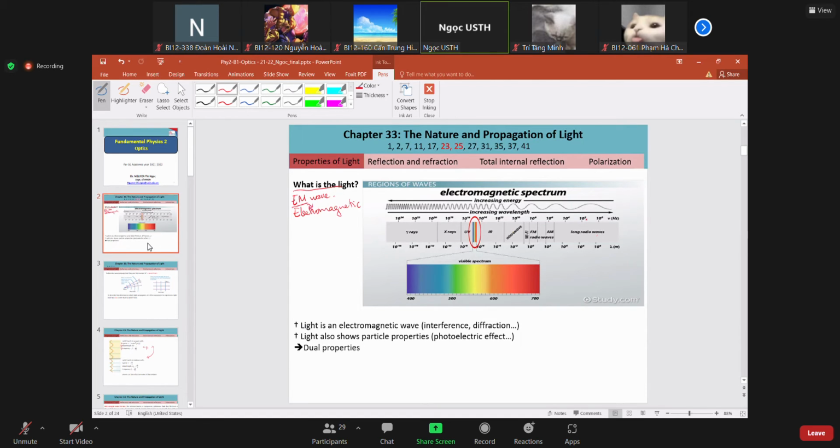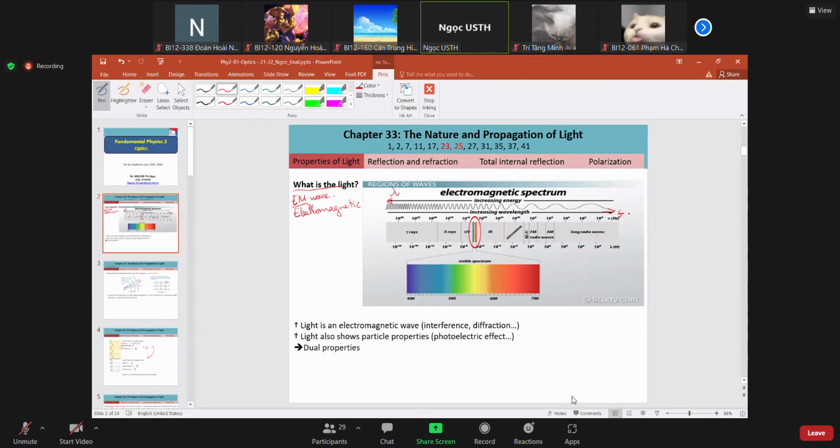And you can see here, this axis is for the frequency of the wave, and this is for the wavelength of the wave. When you increase the frequency, you will reduce the wavelength of the wave. So tell me the relationship between the wavelength and the frequency.